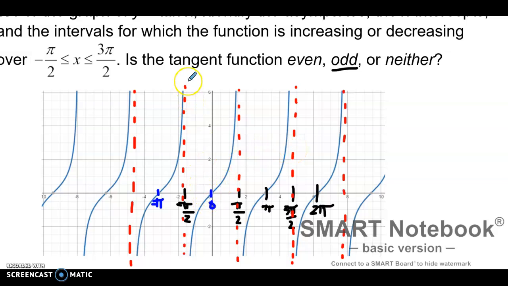So if we're just looking between here and here, it is an odd function because it has all the characteristics of an odd function. It begins at negative infinity, ends at positive infinity, and it has this odd symmetry to it.